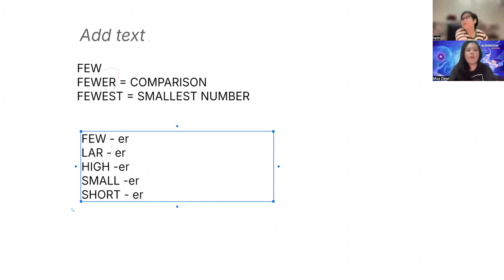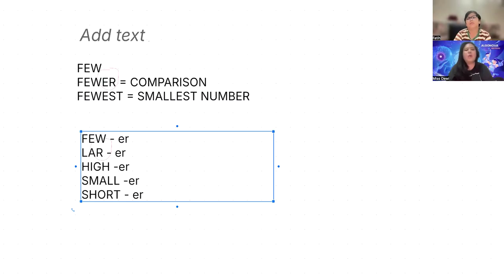For example, fewer than Miss Dewi, larger than that tree or green tree. It depends on what object you want to talk about. Higher than my friend, smaller than my pencil, shorter than my ruler.